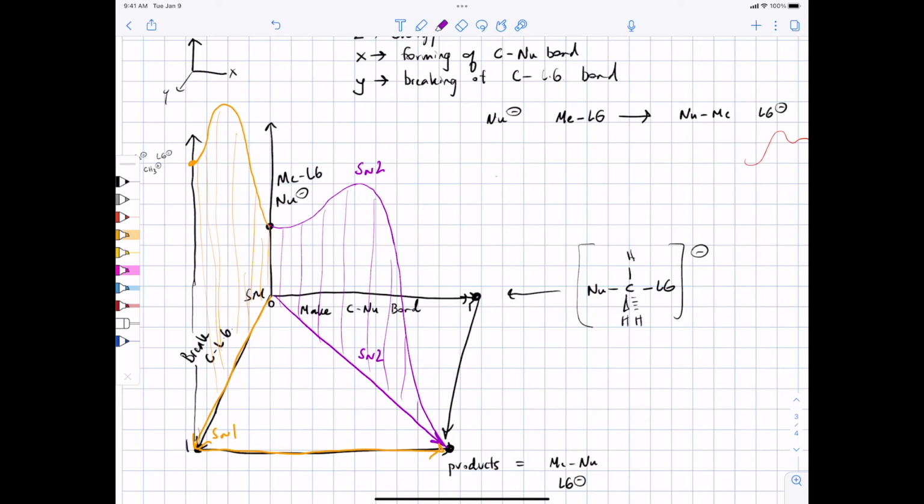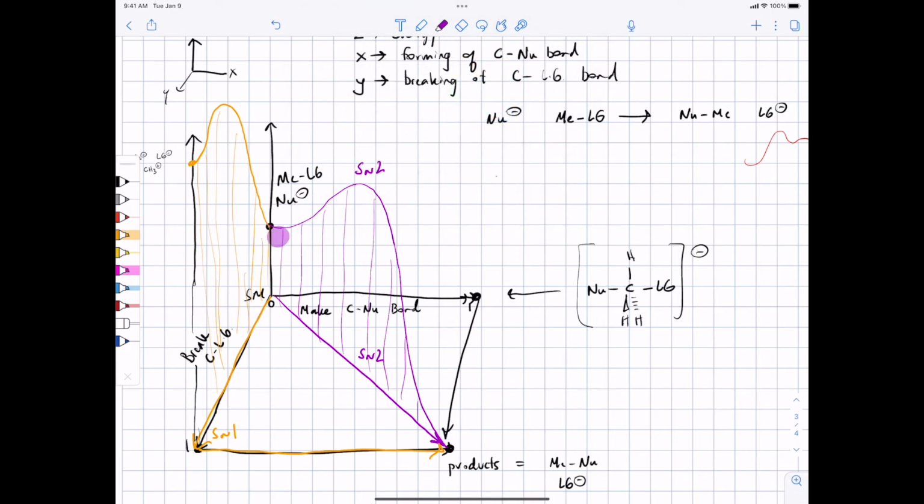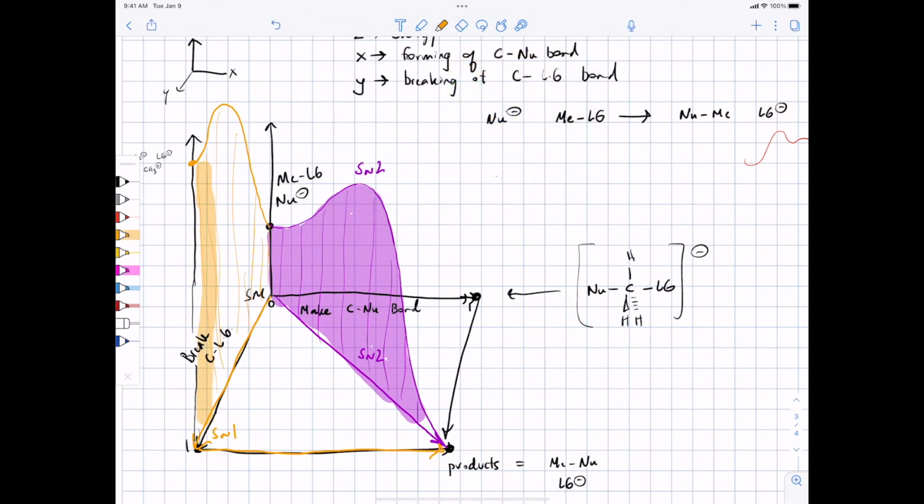To help guide what we're going to look at here, I'm going to shade all of that. And I'll also shade this. So you can think of this as just a slice of the mountainside along the saddle point.